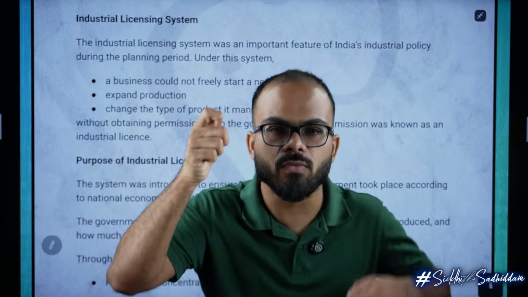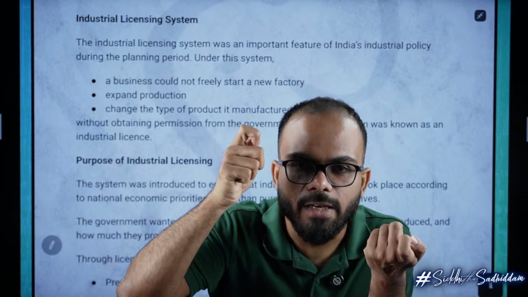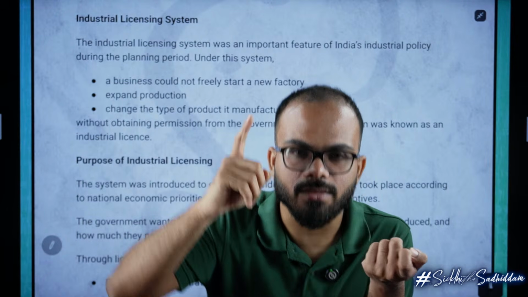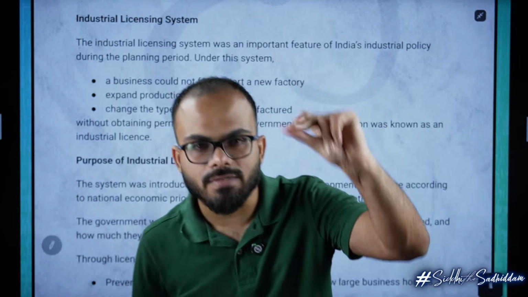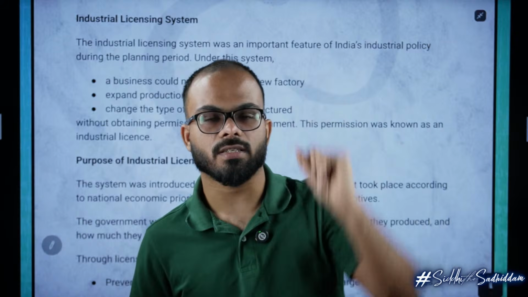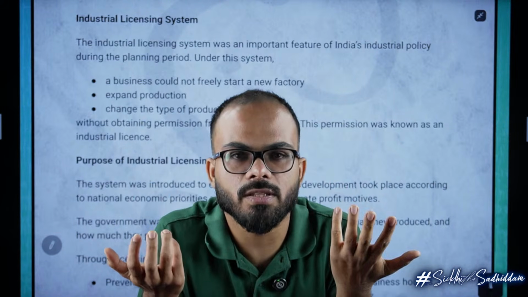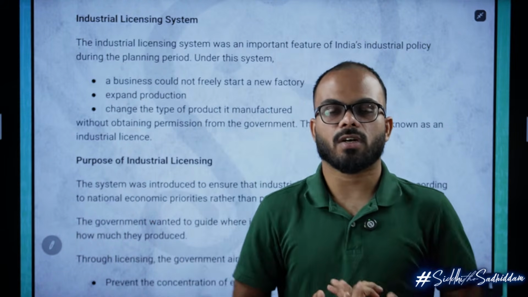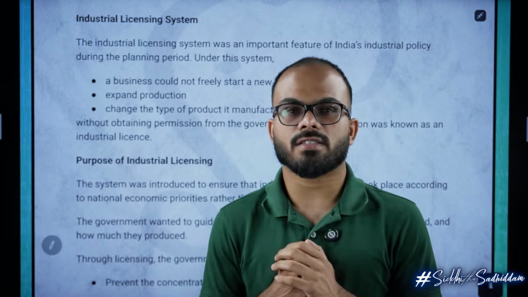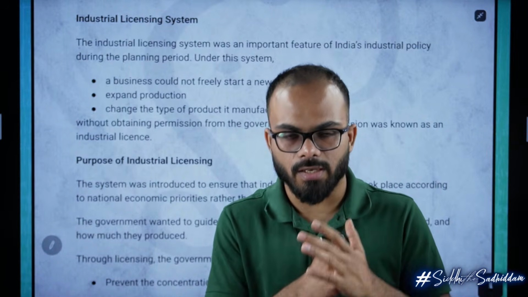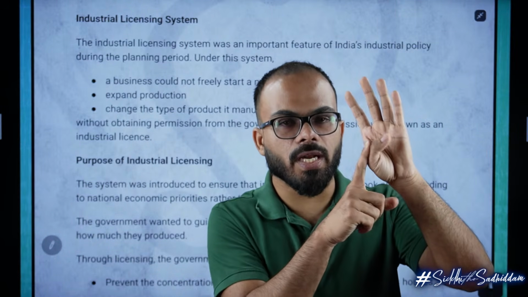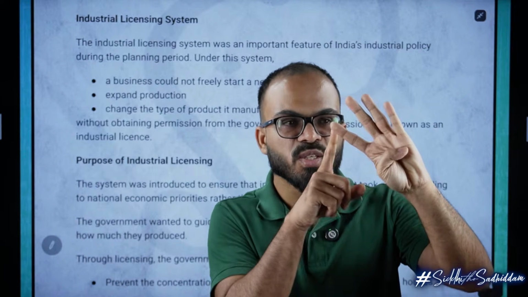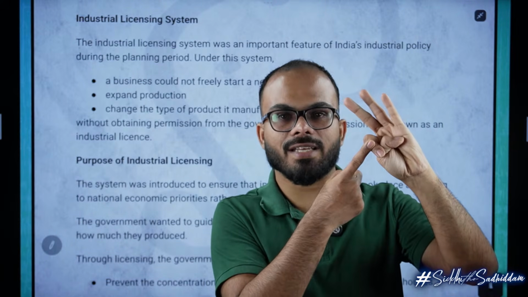So government wanted to determine everything. Government wanted to say, this is what I want, only this will be established, only this will be present. So the policy that they came up with to execute this is called the industrial licensing policy, where they wanted to tell you, look, if you want to open an industry, you take a license. You want to expand, take a license.